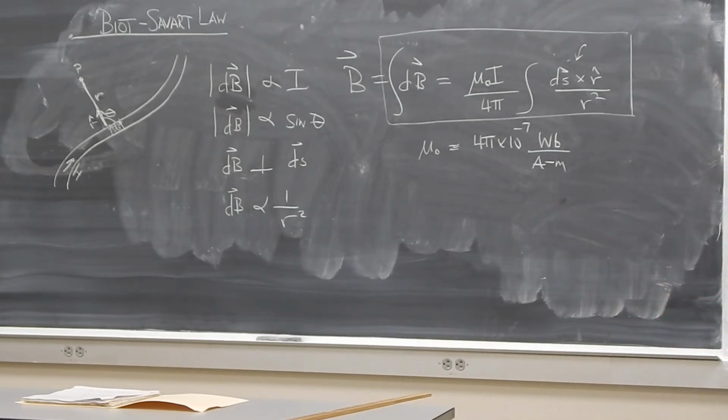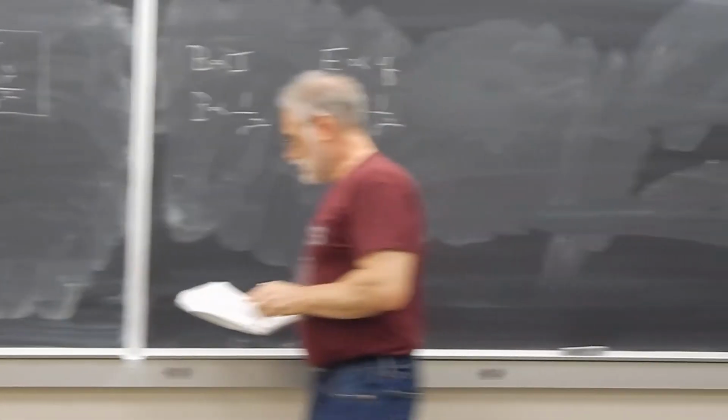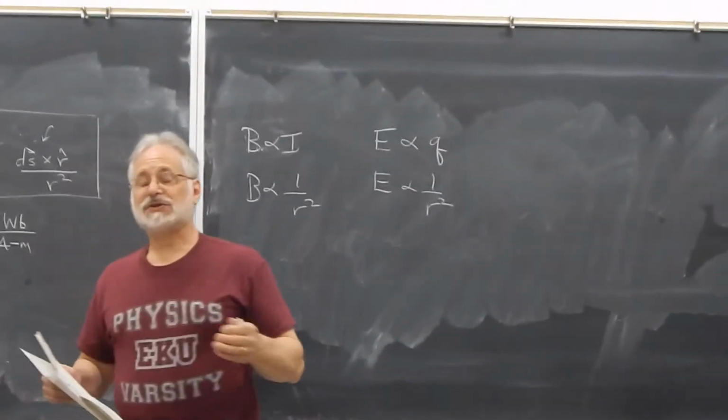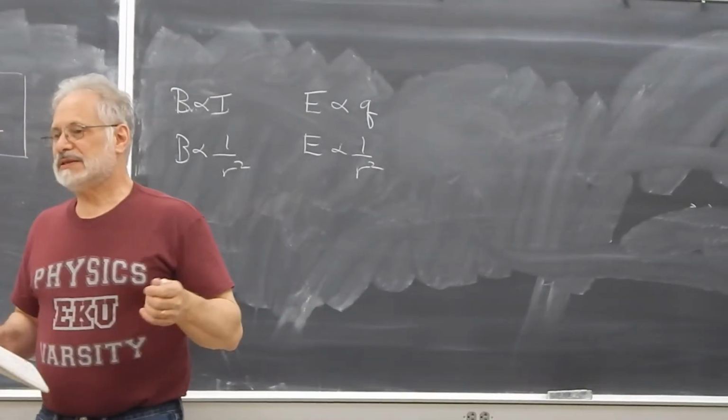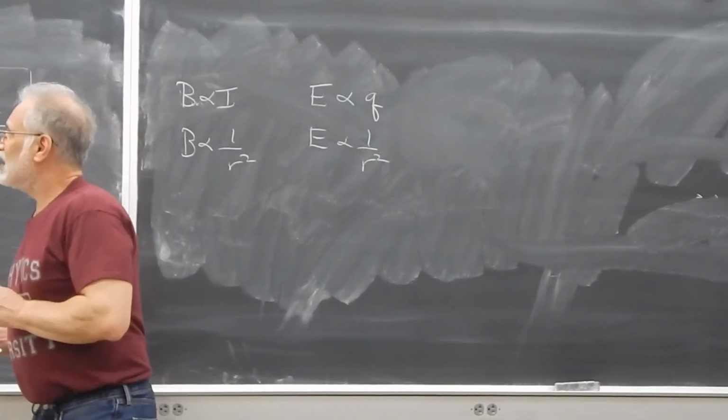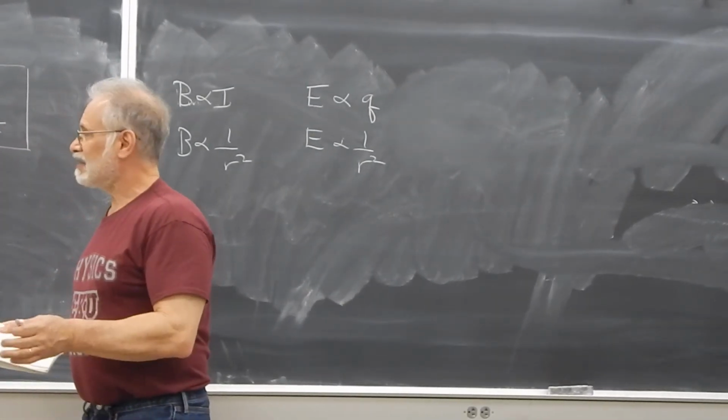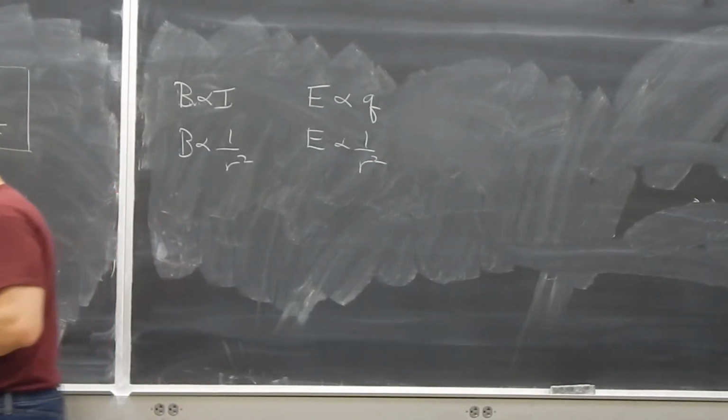In the case of the Biot Savart law, B is proportional to I, whereas in the electrostatic field, the electric field was proportional to Q, the size of the charge. Both B and E are proportional to 1 over r squared, so they're both inverse square laws. The nice thing about the Biot Savart law is, assuming that you have decent symmetry, you should be readily able to calculate the magnetic field at a point due to any current carrying wire.